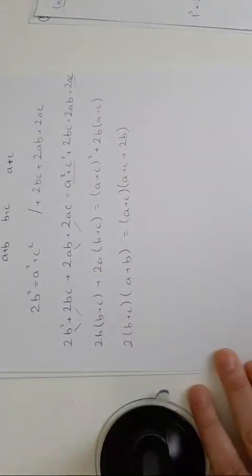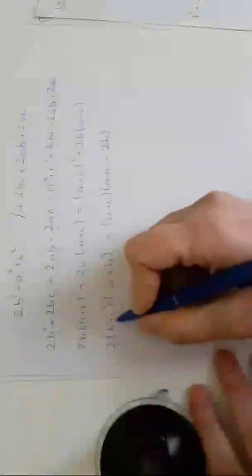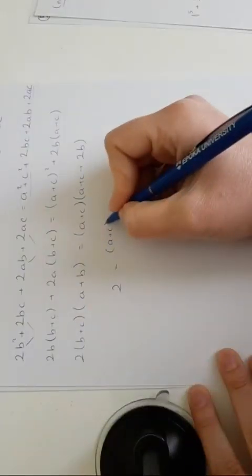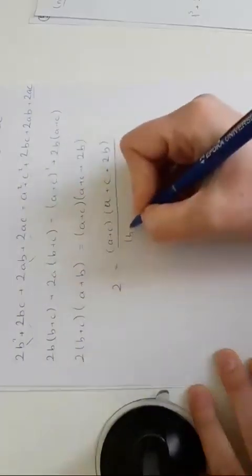Now here, if I divide this equation by b plus c times a plus b, it will become 2 is equal to a plus c times a plus b plus c times a plus b.